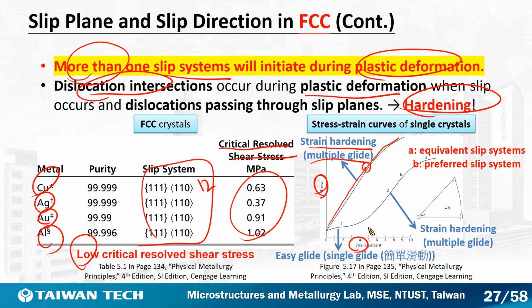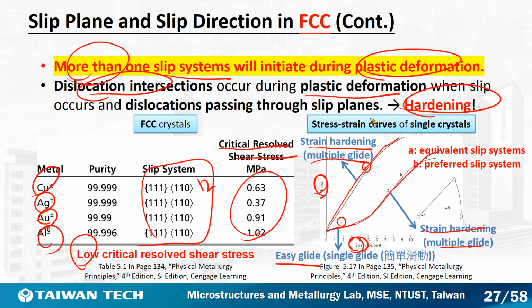And for this one, first, the strain increased, but the stress increased slowly. It means that it's very easy for this stage, very easy for the plastic deformation. So we call it easy glide. And then after that, it will produce the second stage, strain hardening.